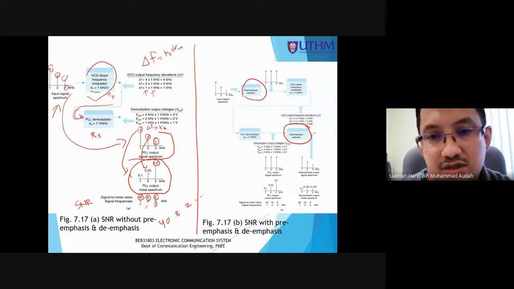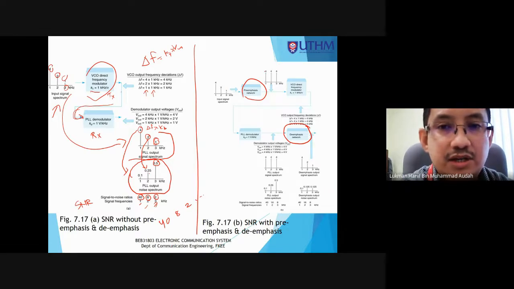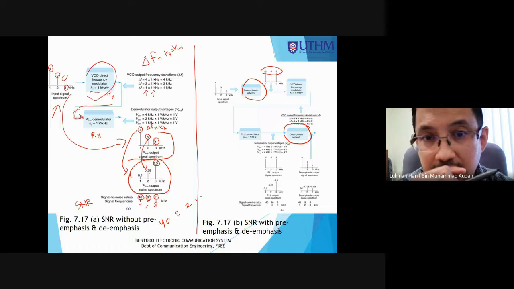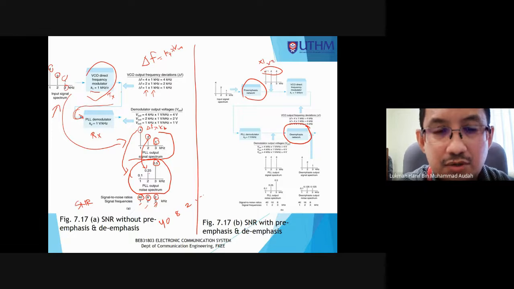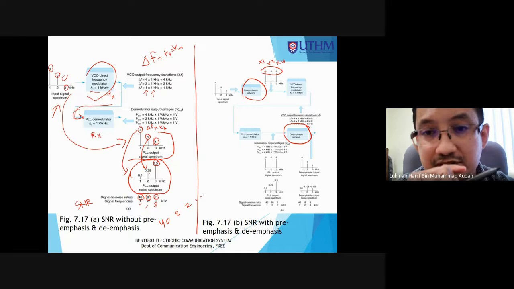And what you see is that first it multiplies, so it becomes 4. If you look here, it multiplies by 1, by 2 and by 4. The gain is different. And then you get delta F 4 kHz over here.